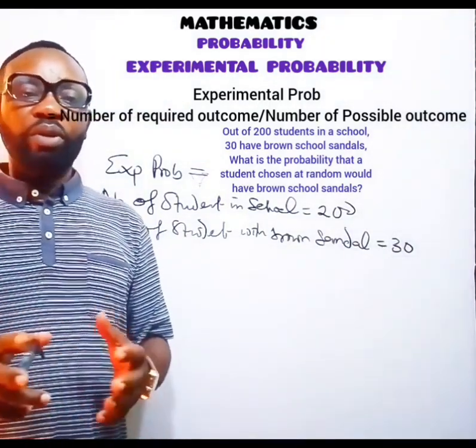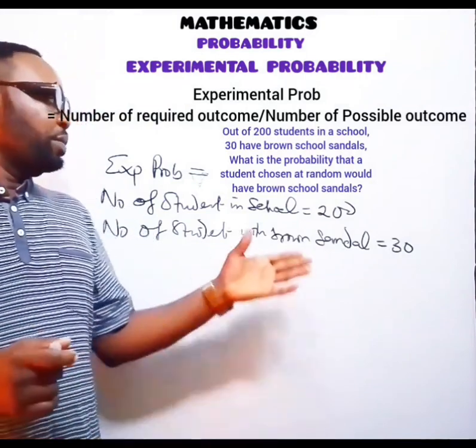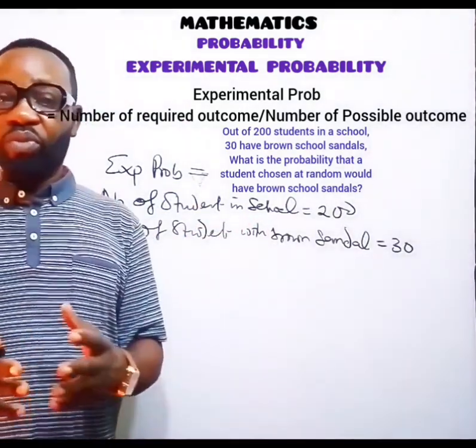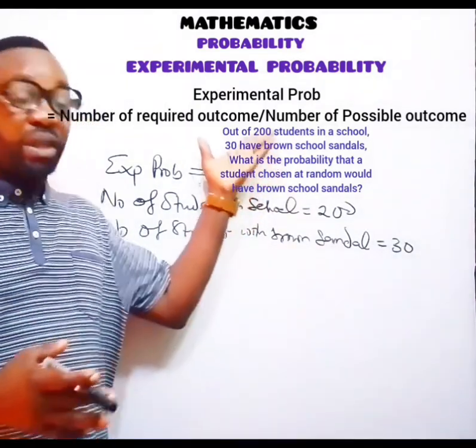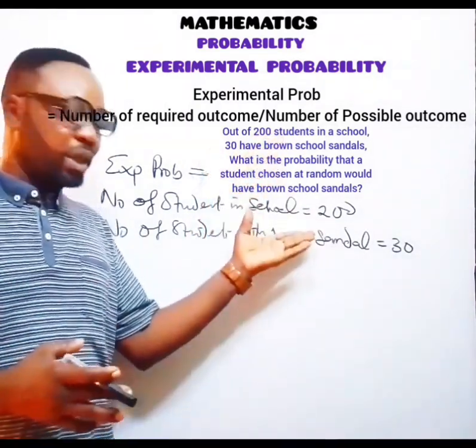Now, the number of students that wore brown sandal compared to the number of students in the school is what we are going for: the probability that a student chosen at random will wear a brown sandal.